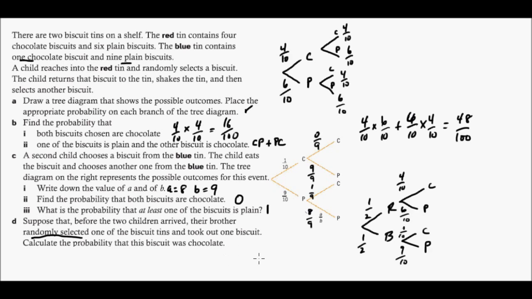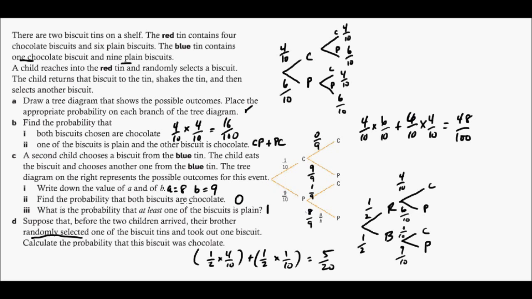No problem, we can do that. We'll just do 1/2 times 4/10 plus 1/2 times 1/10. So that's 4/20 plus 1/20, so that's going to be 5/20. And there you go.